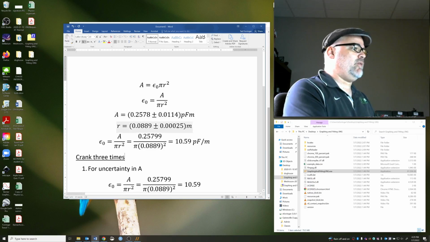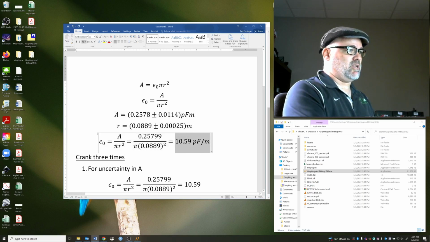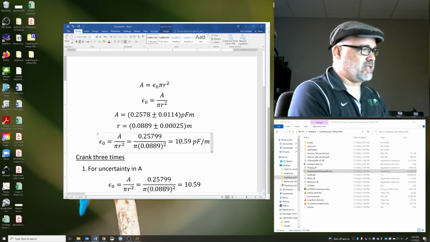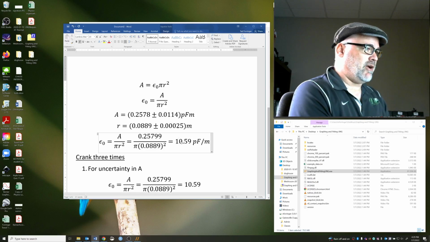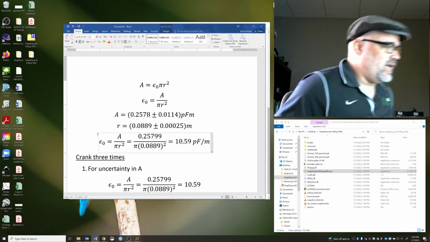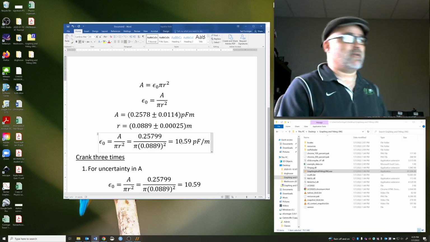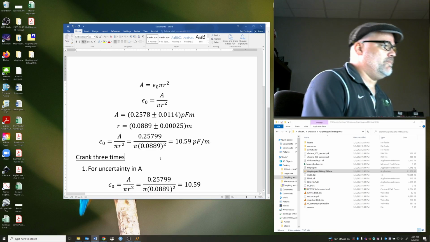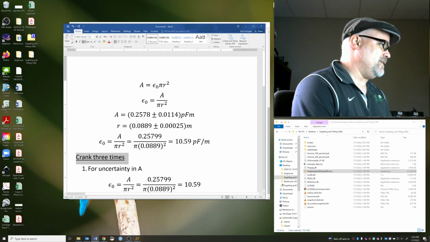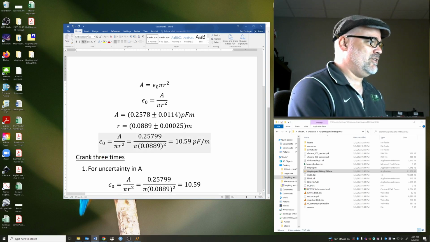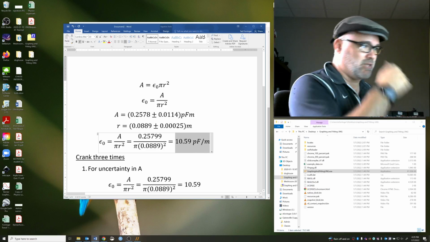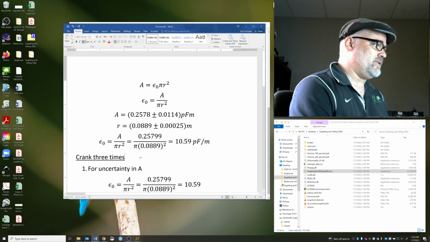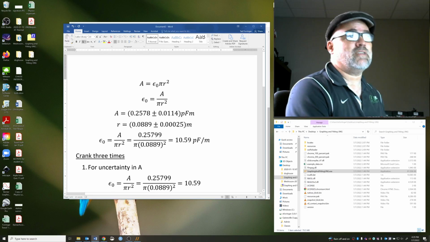Okay, anyway, when I plug in my numbers, I get a value of epsilon 0 that's 10.6. Now we know epsilon 0 is actually 8.85 picofarads per meter, so this is not a perfect measurement by any means. I would love to spend 10 minutes talking about how we figure out the uncertainty in our experimental value of epsilon 0. I use the crank 3 times method, but that's not what this video is about.